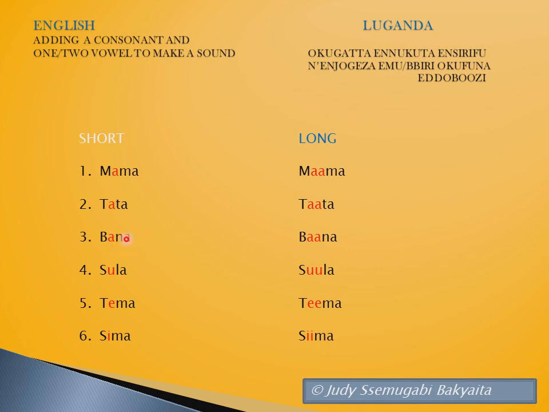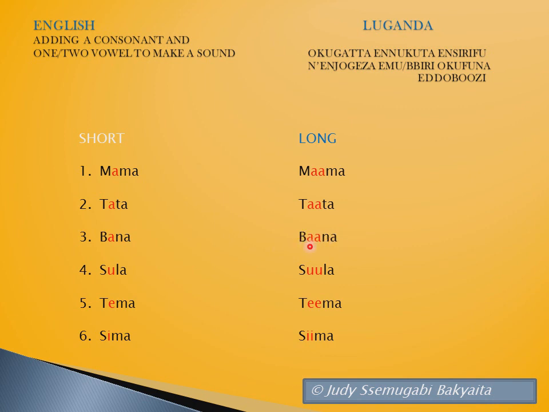But when we add in another A, it becomes baana. Baana is children in English. So you see the meaning has changed from bana, which is 4, to baana, which are children.